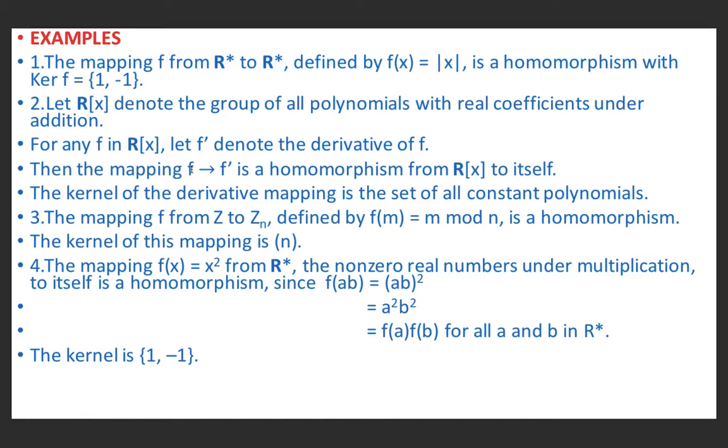Then the mapping from f to f' is a homomorphism from R[x] to itself. The kernel of the derivative mapping is the set of all constant polynomials. And the mapping F from Z to Zn, defined by F(m) equal to m mod n, is a homomorphism and its kernel is <n>.